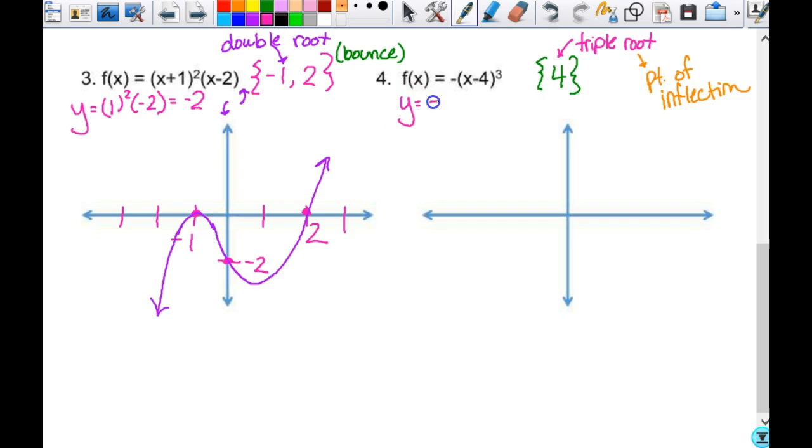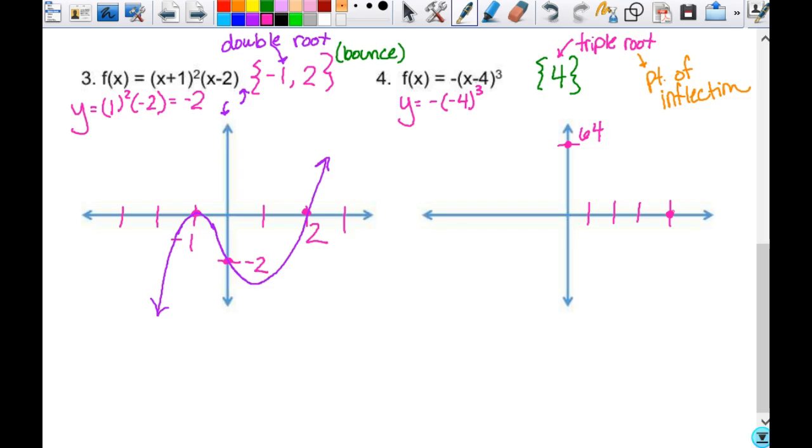So then I've got to find my y-intercept. So y is equal to -4 cubed. So what's -4 cubed? -64, and then it's negative, so it's a +64. So I'm up here at 64, and this is the only time that it crosses the x-axis.